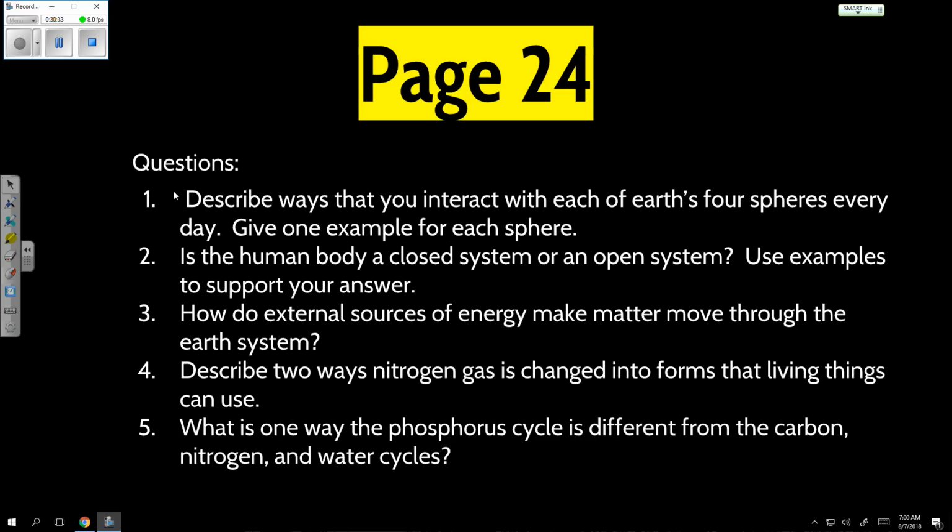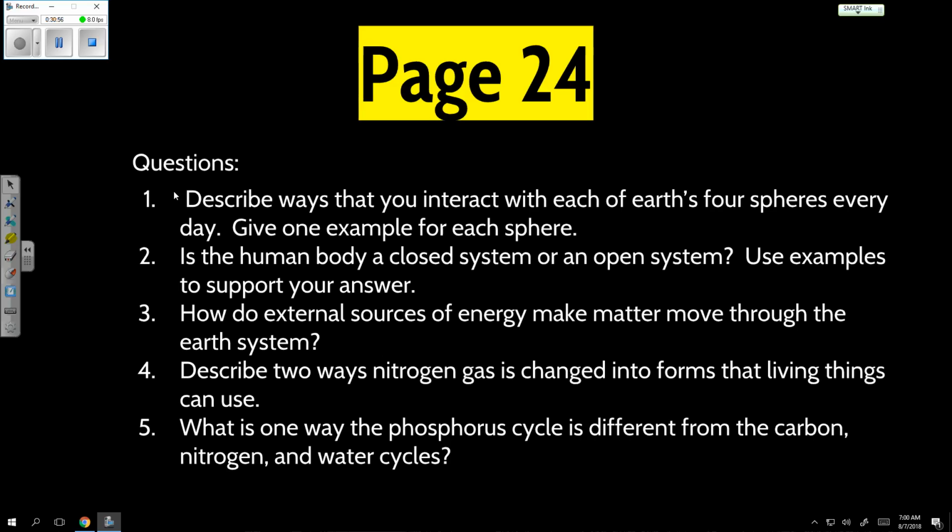Question 4, answer on page 21. Describe 2 ways nitrogen gas is changed into forms that living things can use. Answers: bacteria and lightning. Question number 5.